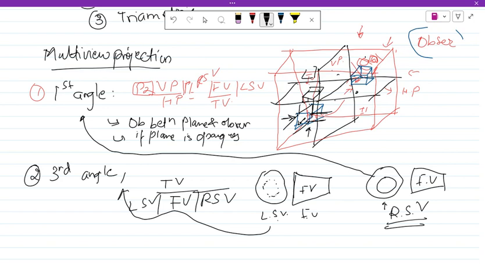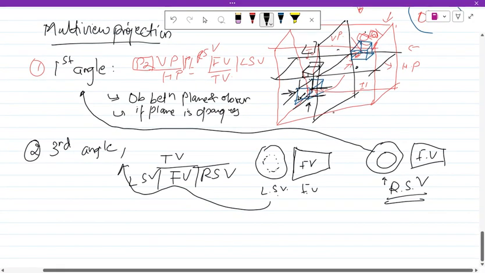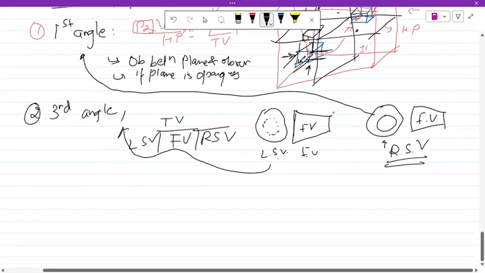Similar is the case for fourth angle view. So they are not exactly represented, and they are not exactly useful either. So this is multi-view projection, two types of multi-view projection: first angle and third angle.